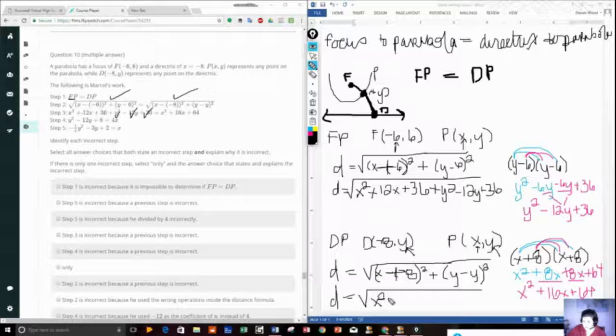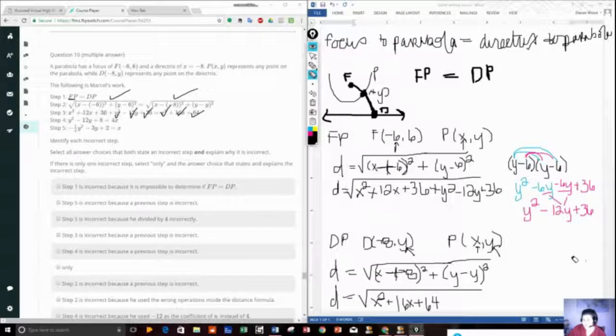So x squared plus 16x plus 64. Alright, so let's check. Do they have x squared? Yes. Plus 16x? Yes. Plus 64? Yes. Alright, so now the next step that we've got to do is our y ones.